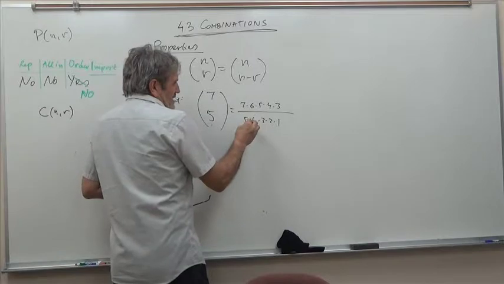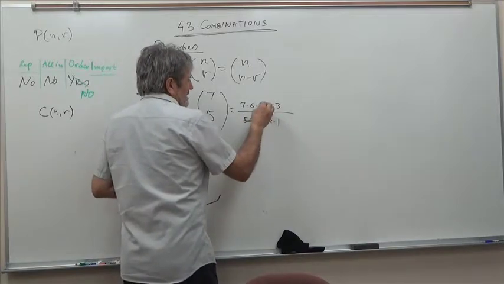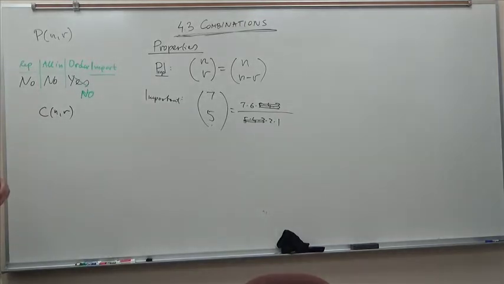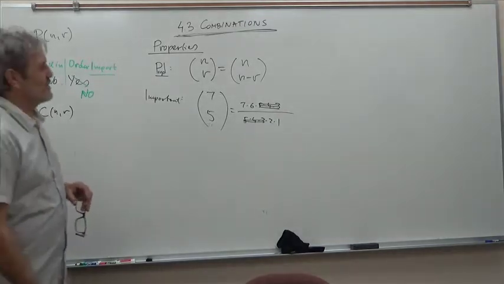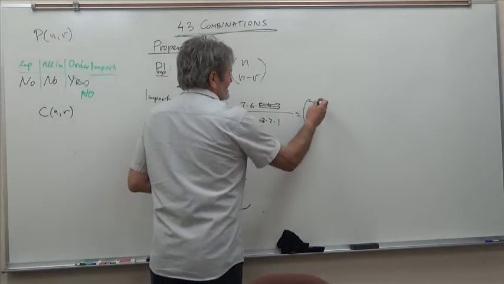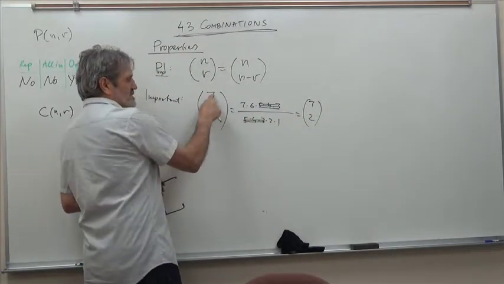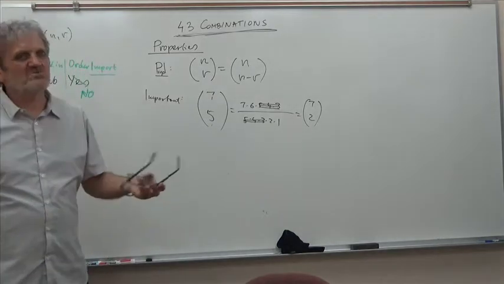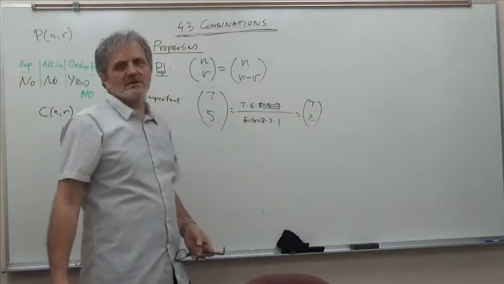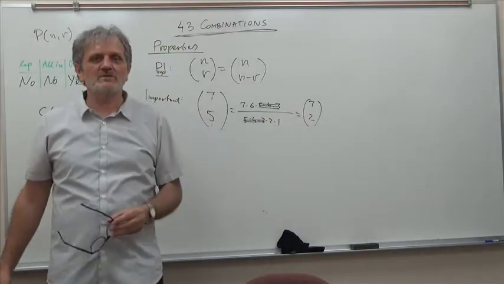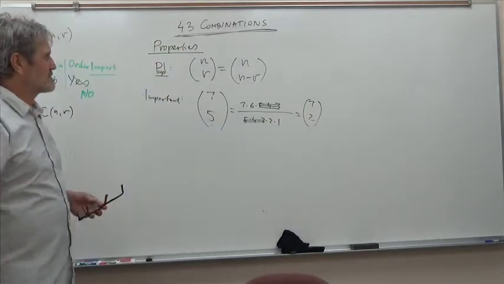But then 5, 4, 3 cancel, and I get 7 times 6 over 2 times 1. So it's basically 7 choose 2. 5 and 2 are complementary with respect to 7, so which one I use doesn't matter. Of course, the smaller one is better. So instead of 7 choose 5, I should have known immediately that I can use 7 choose 2 and get it much quicker.